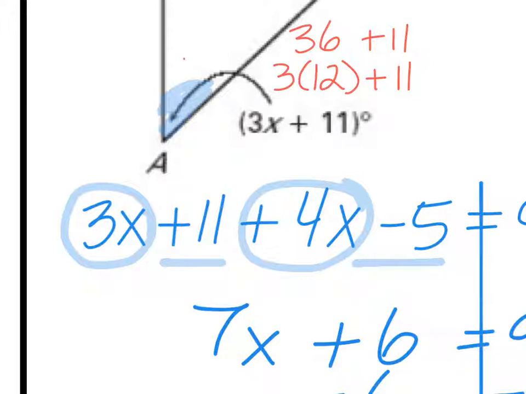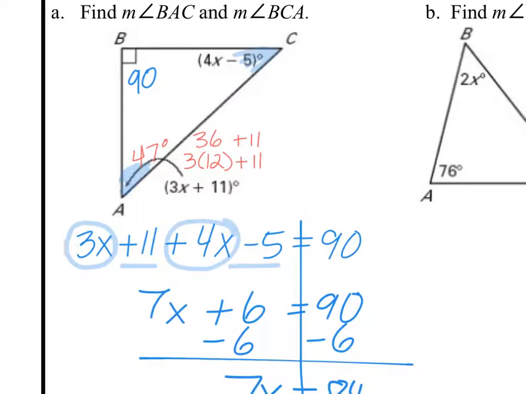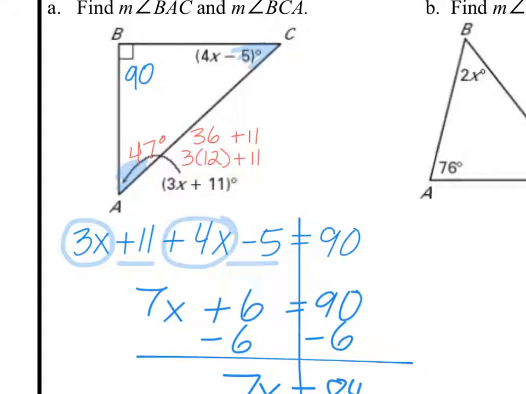So we know that this angle must be 47 degrees. You could plug back in if you want to and get the other one. So substitute 12 into the other angle. Or, you know that those two add to 90. So what's 90 minus 47? 43. So this one has to be 43.